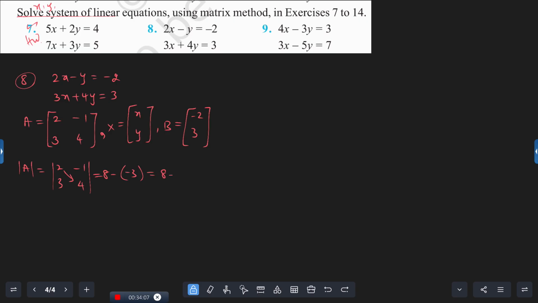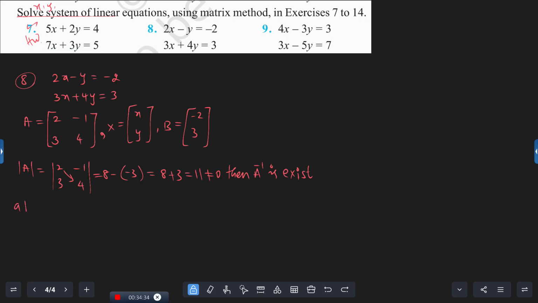So 8 plus 3 is equal to 11. That is not equal to 0, so A inverse exists, and the system is consistent. Suppose the determinant of A is 0, A inverse does not exist, so the system is inconsistent. Understand? So A inverse exists is enough.